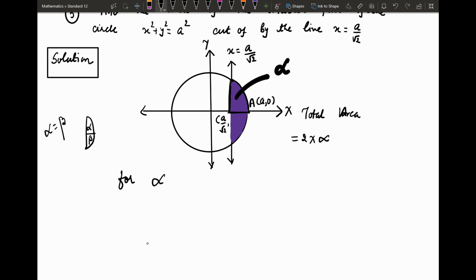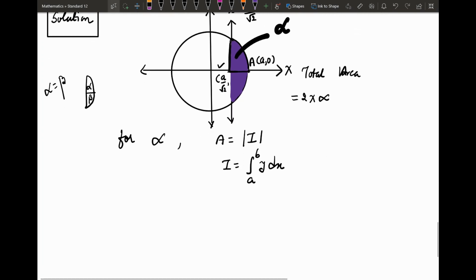For alpha, area A equal to the modulus of the integral of y dx, with limits a upon root 2 to a.